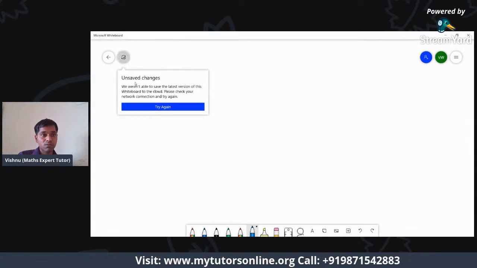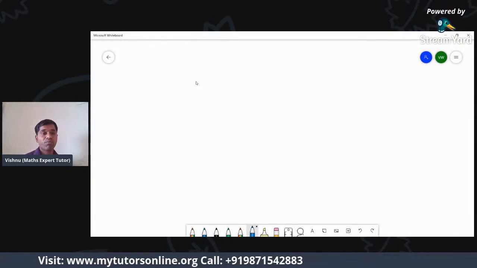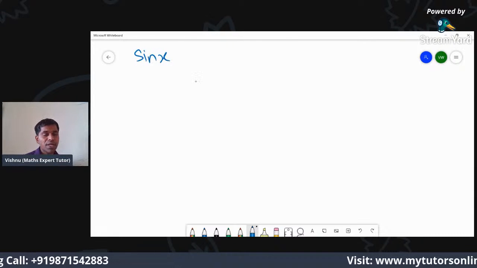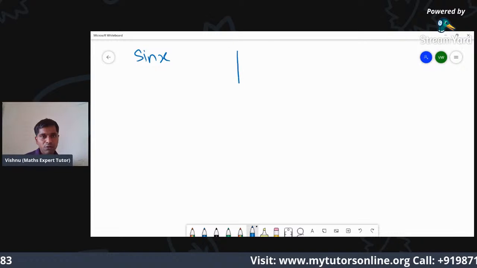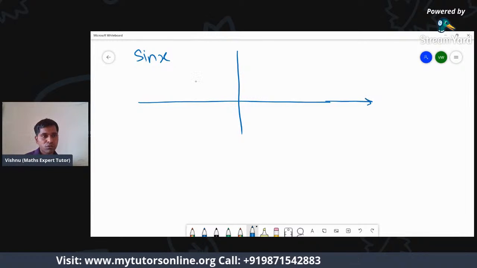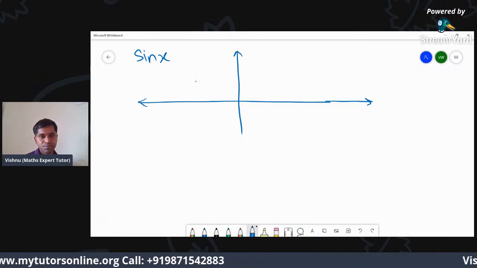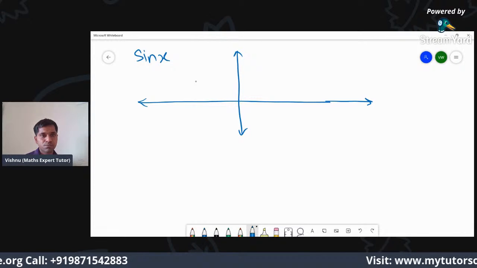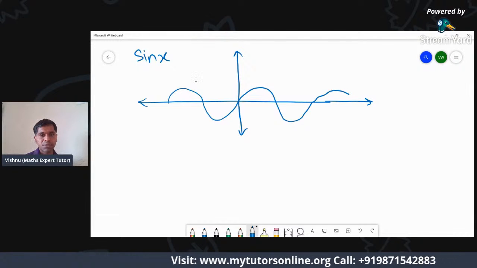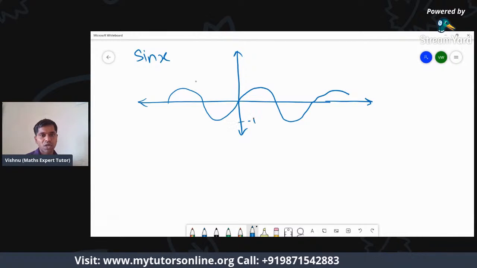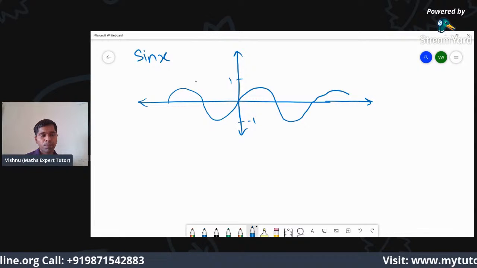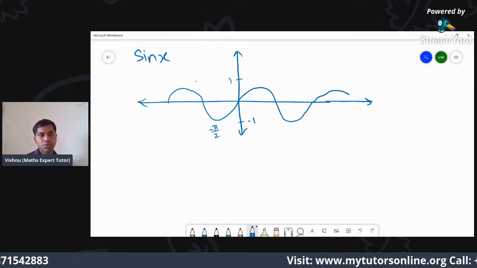Let's see sine x first, then we will go to sine inverse x as well. The range is always on the y-axis, from minus 1 to 1, and this is from minus pi by 2 to pi by 2.